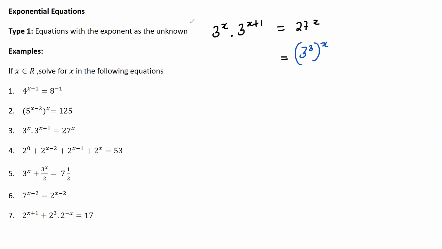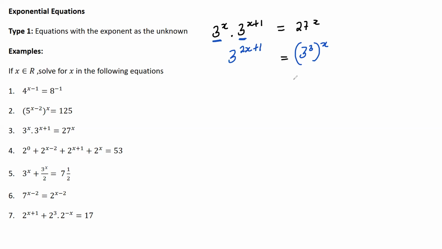I think we're doing well on that one, right? And then here in this case, I've got 3 to the power of x times 3 to the power of x plus 1. The bases are the same, so there's multiplication and the powers should add. It's x plus x plus 1, which is 2x plus 1.